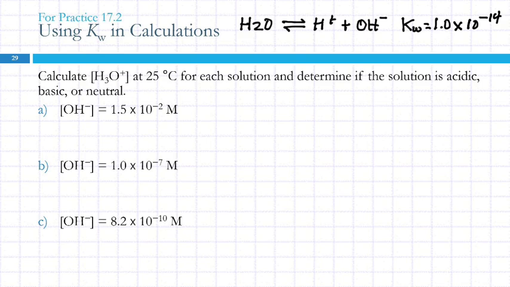The equilibrium constant of water is the only equilibrium constant you need to memorize. 10 to the minus 14. So Kw is equal to hydrogen ion concentration times the hydroxide ion concentration, and that's equal to 1.0 times 10 to the minus 14.